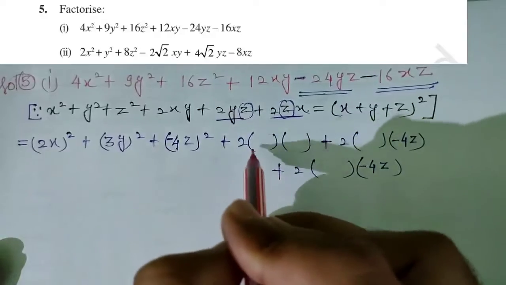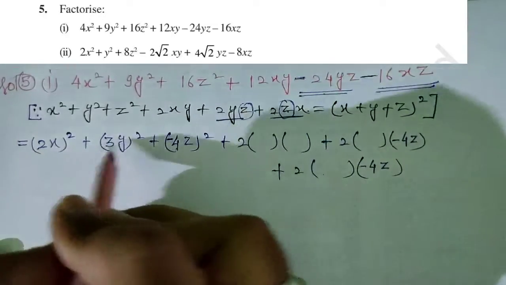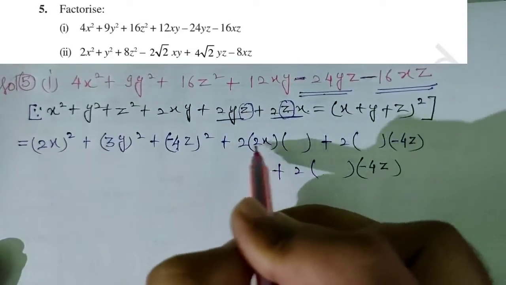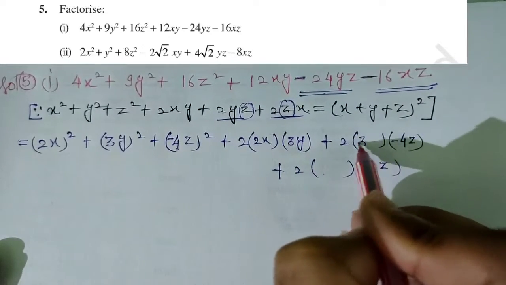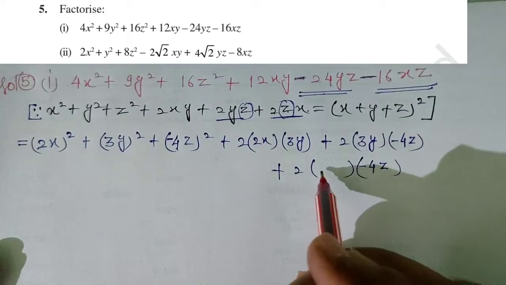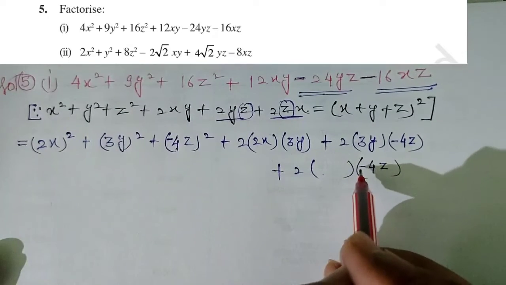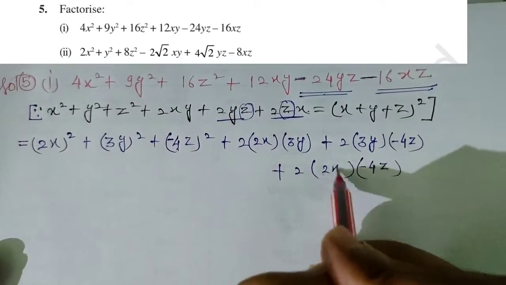Now put all the values as they are, like 2x, 3y. 2x should be the first term, and second term, and here also third term and first term is 2x.